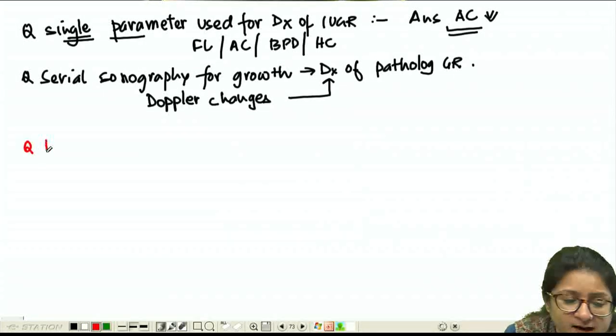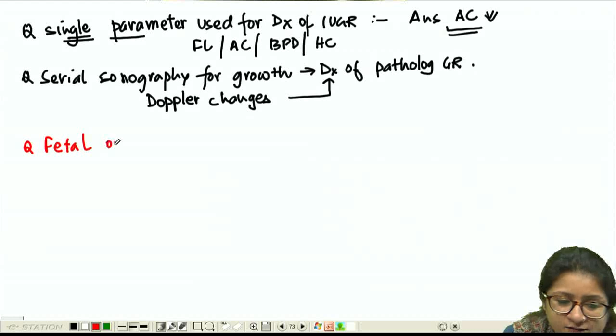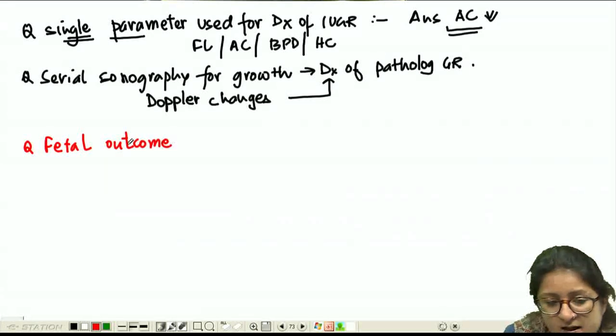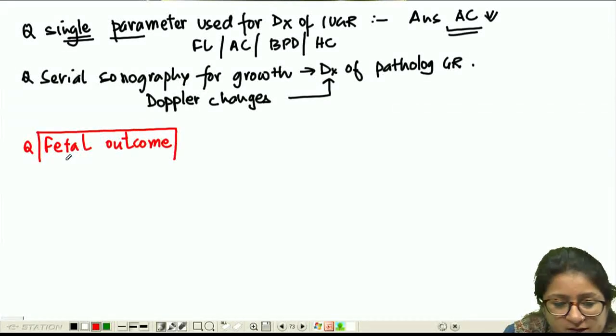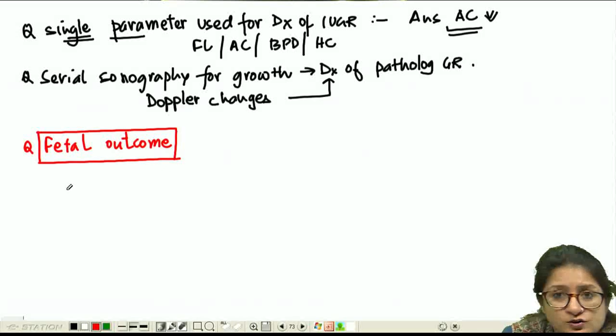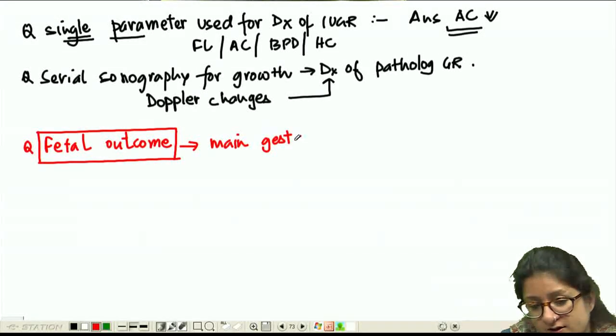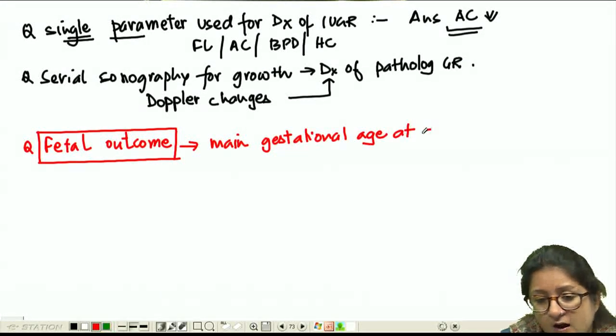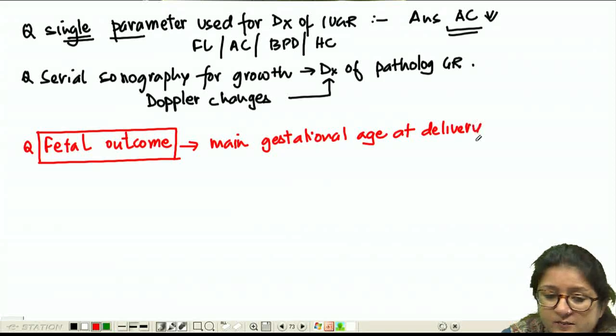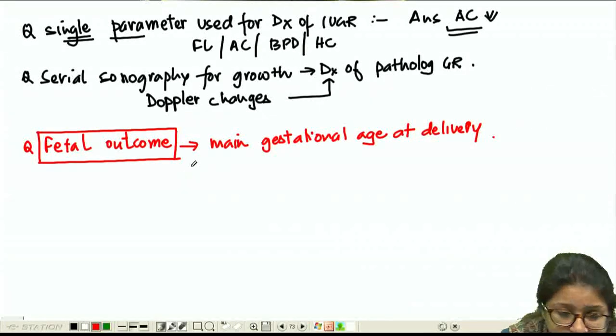As far as the fetal outcome is concerned, of all IUGR fetuses, what determines the fetal outcome? The main important point is the gestational age at delivery, or the maturity, that will determine the fetal outcome.